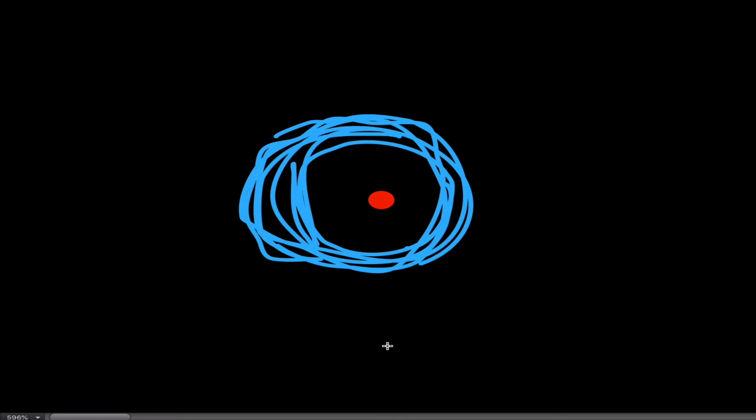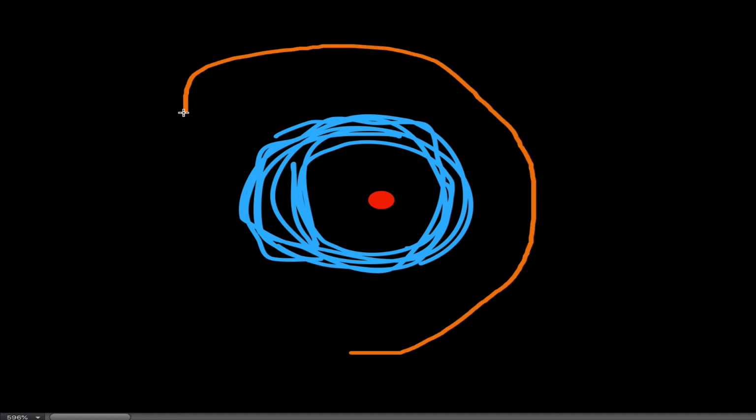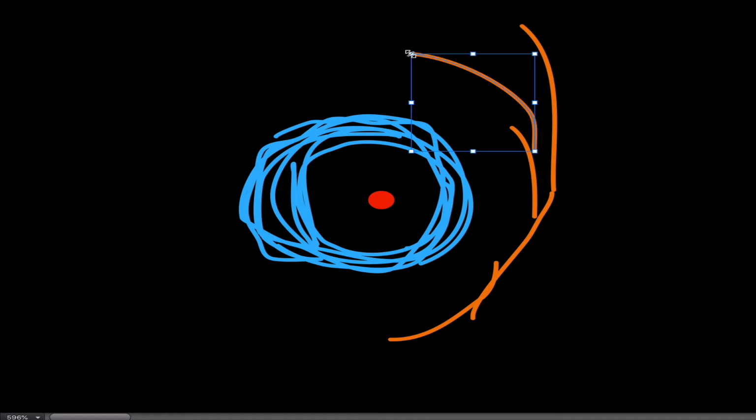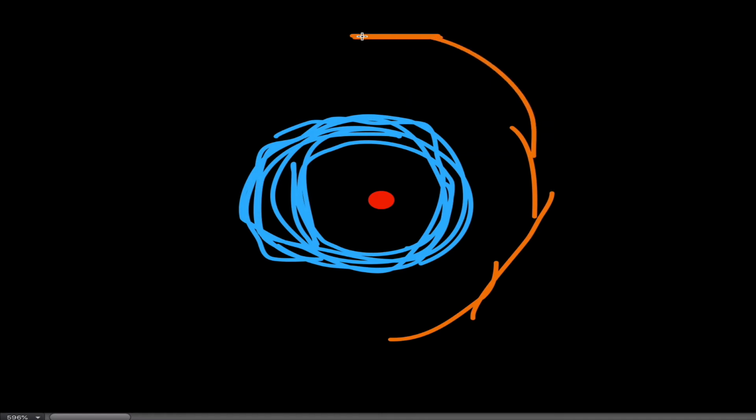Okay, so then the electron probability density, or most likely area, is going to be at a higher energy, right? Let me just speed this up for you.